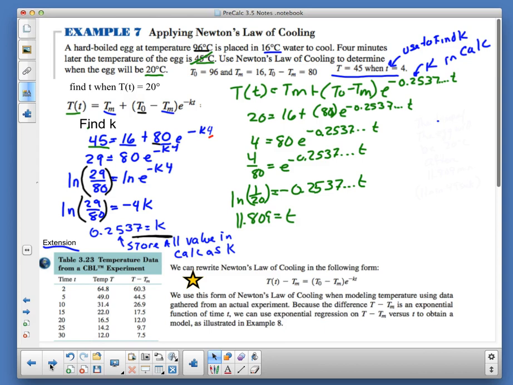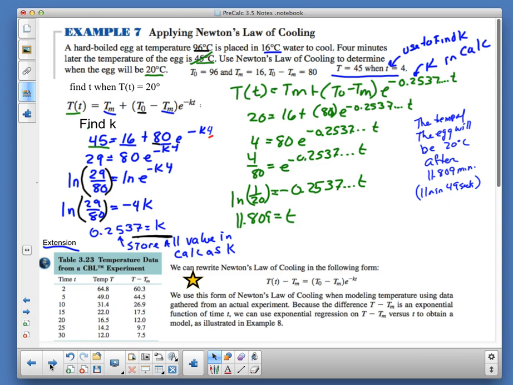Okay? So what that means to me, remember, when we get a word problem, we've got to describe and explain what we're doing. The temperature of the egg will be 20 degrees Celsius after 11.809 minutes.